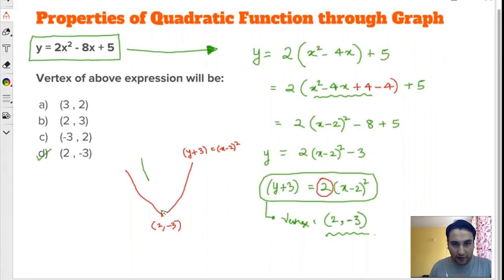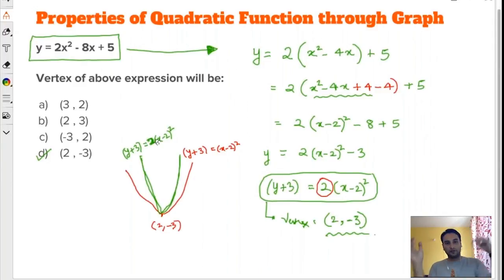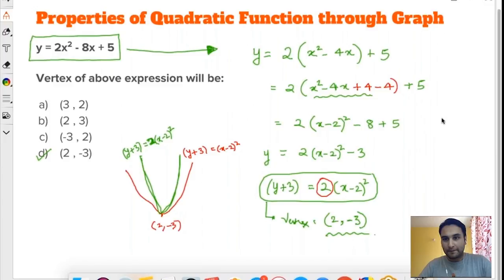Our graph is a bit thinner, like this. This is our required graph, which is actually y plus 3 is equal to 2 times x minus 2 whole square, right? This is what this 2 is doing, which we have learned. This 2 is making the graph a bit thinner. Got it? So this is the purpose of 2. It compresses the graph.